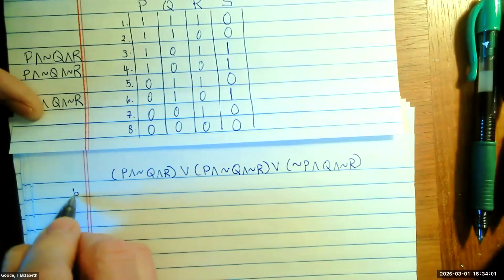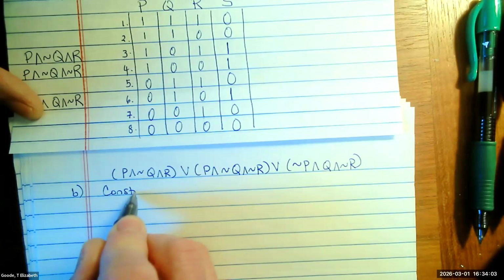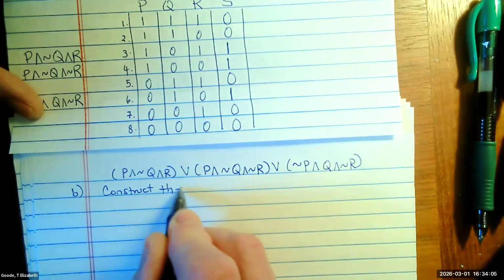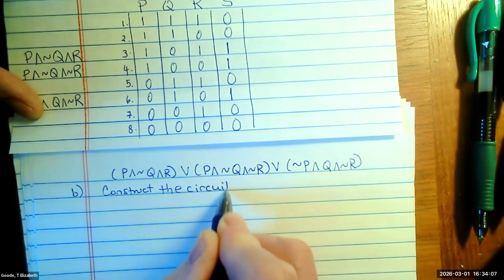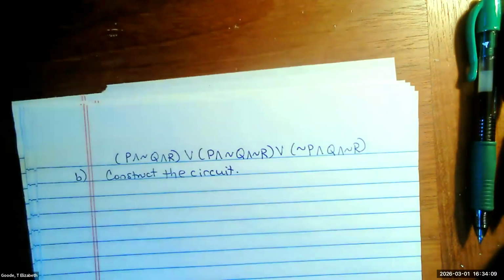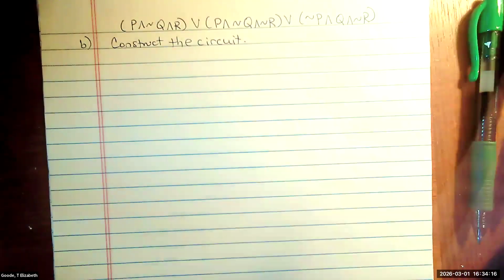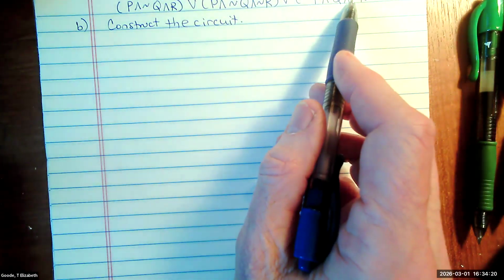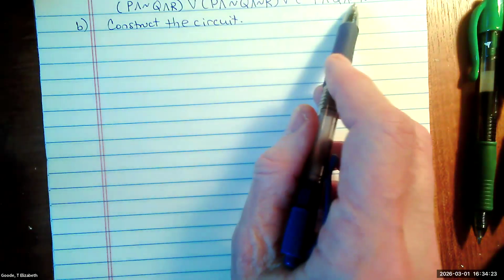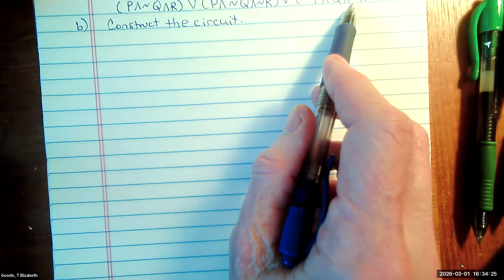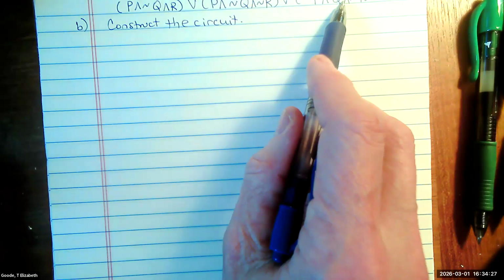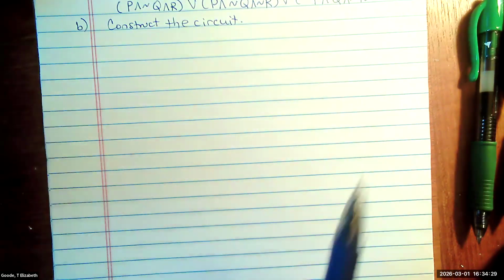So now we're going to construct the circuit. Now, I noticed a few people, as I've been grading this homework, made a mistake. It's not the most common error, but it happens. Folks not understanding that we scan the expression, we make a note of how many input variables there are. How many input variables are there in this Boolean expression? 3. Yeah.